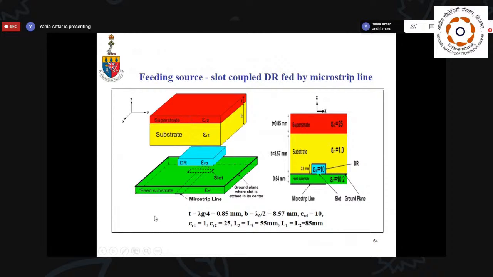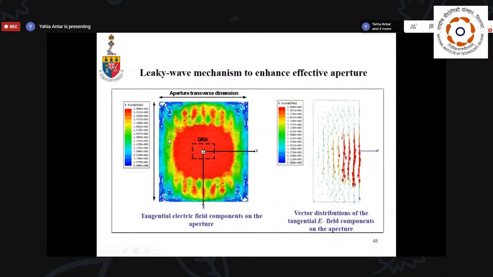Basically, the idea here is this resonator gets excited. So actually, it provides an easy way of feeding the structure. And with the substrate here and superstrate, you actually spread the aperture. If you look at the aperture here, we're looking at the top view, and you can see the DRA here.